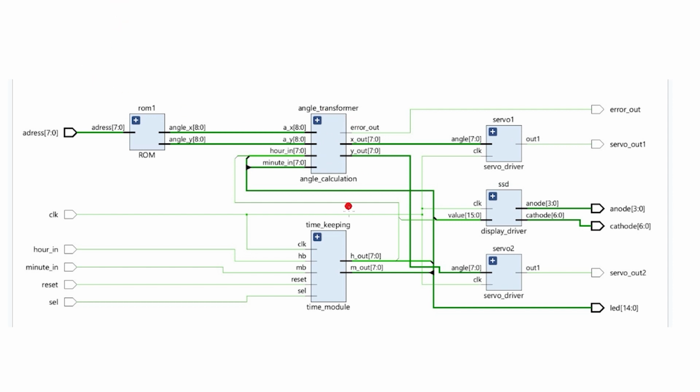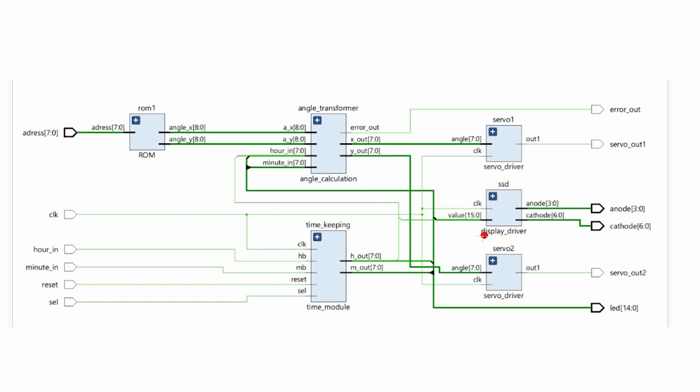And the angle transformer takes in the variables from the timekeeping module and the ROM, and it already has the latitude and the axis tilt built into it. While writing the code, I set it as a constant, and after that it gives an error if the angles are not on the upper hemisphere, while the servos are able to point, and it gives out the angles to the servo drivers, which then turn our servos using a PWM signal.